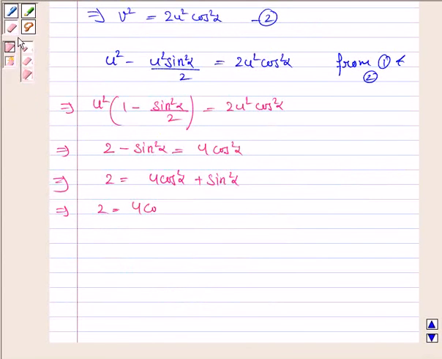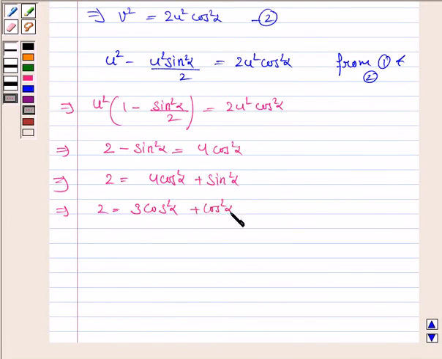4 cos square alpha can be written as 3 cos square alpha plus cos square alpha plus sin square alpha. So this implies 2 is equal to 3 cos square alpha plus 1, as we know that cos square alpha plus sin square alpha is 1.